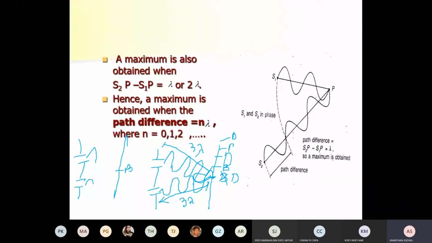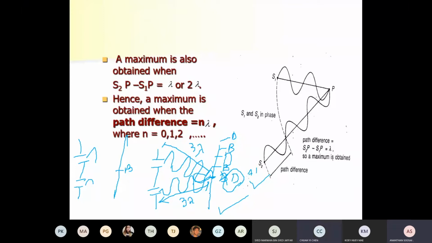But it's still observable. As long as they are coherent, you will have an observable interference pattern. The only difference is, if this starts with a crest and this starts with a trough, the bright spots become dark and the dark spots become bright. That's it.